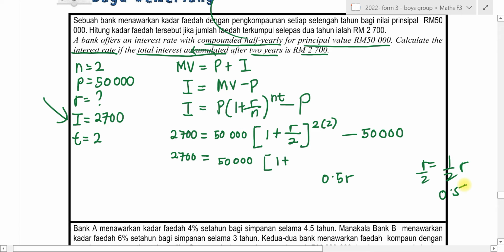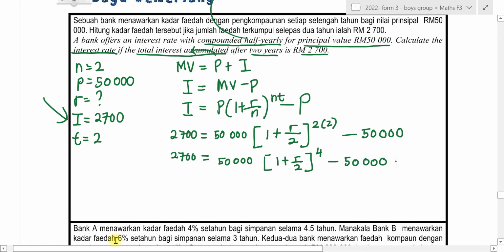It's the same thing. If you are not aware of that, it's still okay. I just give you a suggestion. If you don't want to see any fraction, you can make it decimal. Okay, 2 power 2 is 4, minus 50,000.